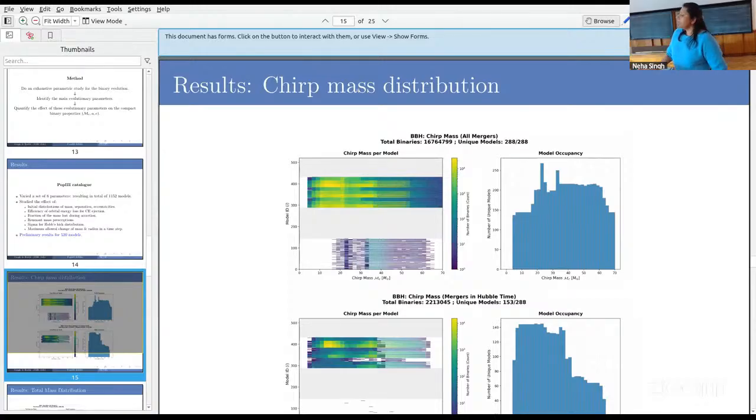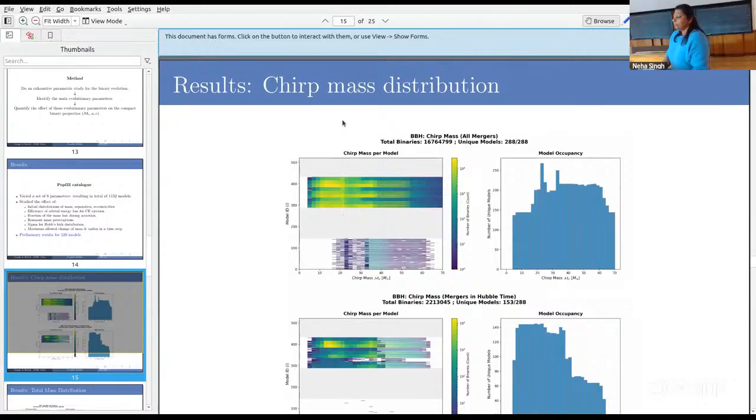So the lower panel shows only the binaries which are formed and will merge within the Hubble time. You can see the models in the lower set are all gone. So the binaries are formed, but they will not merge within the Hubble time. If I claim that my model can form such a binary, there is no way that it will be the one that we detect, because there is no chance of it merging within the Hubble time.